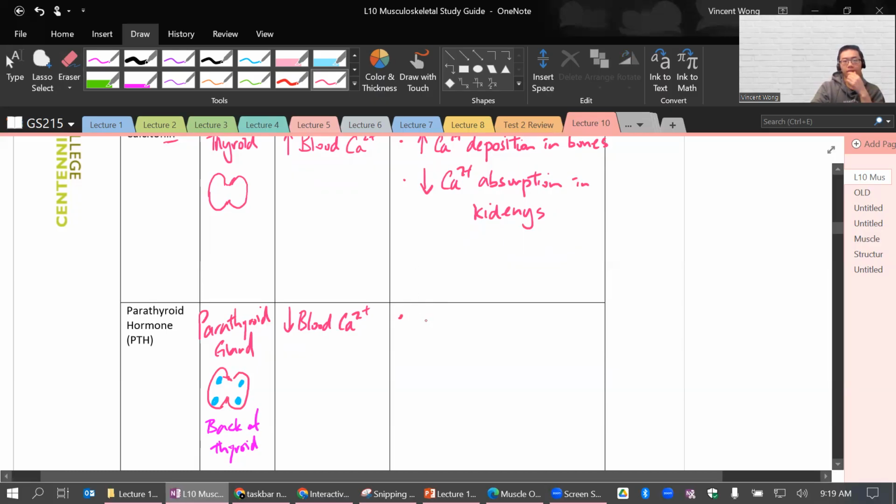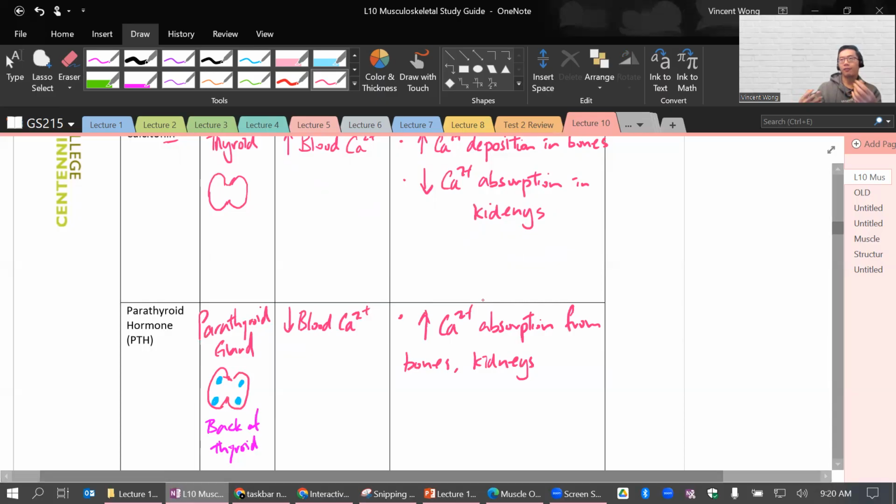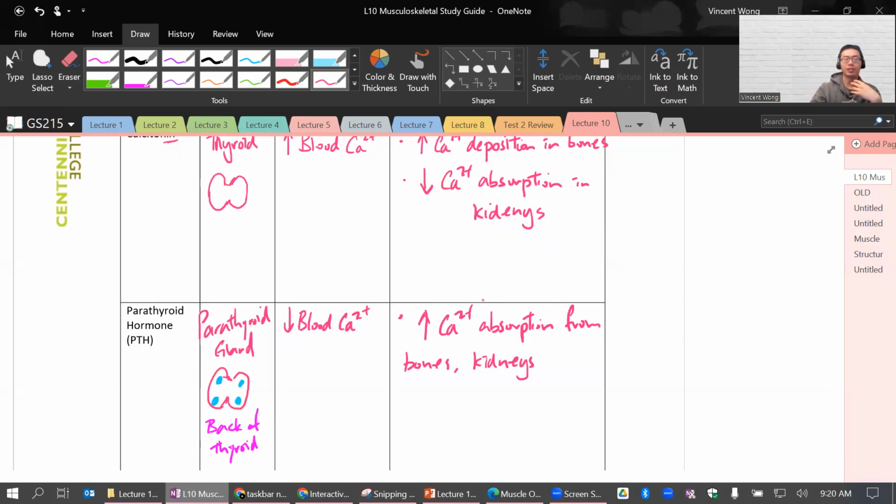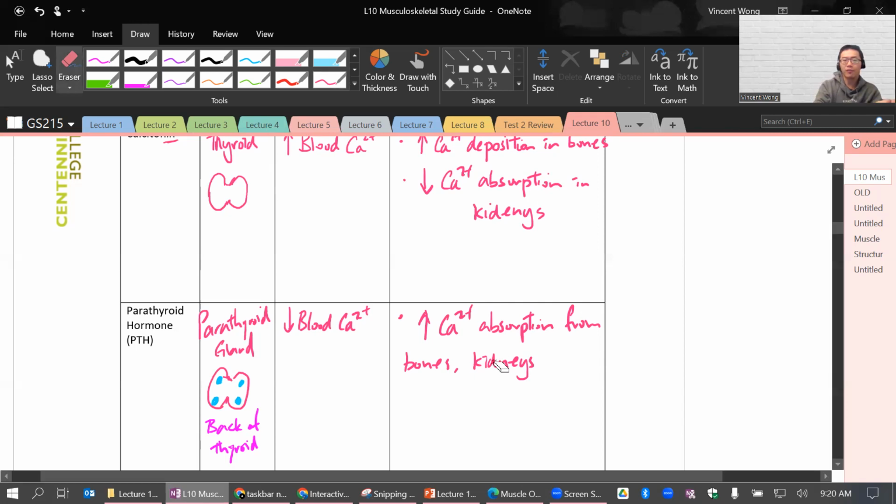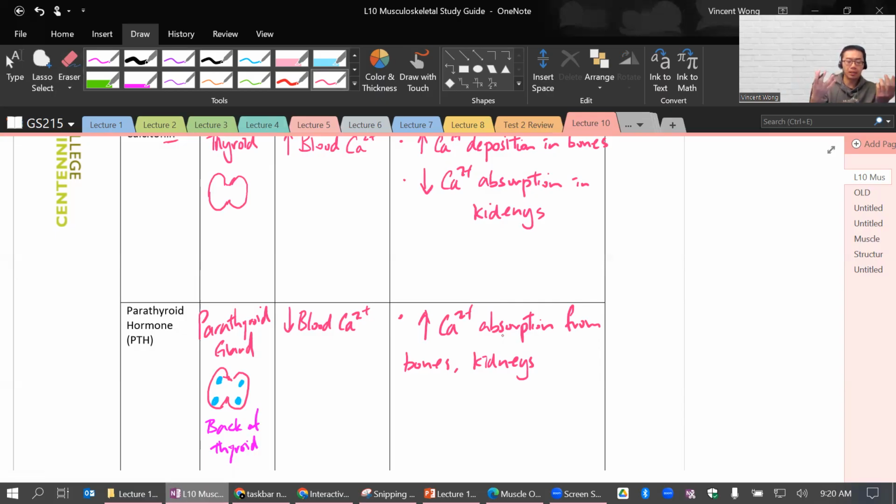What do we do when we don't have enough calcium? We will increase calcium absorption from 3 places: bones, kidneys, and the intestine. Kidneys is just like reclaiming what you have lost, right? You don't actually have extra input of calcium from an external source, right? Whatever you lose at the kidneys was your body storage to begin with, right?